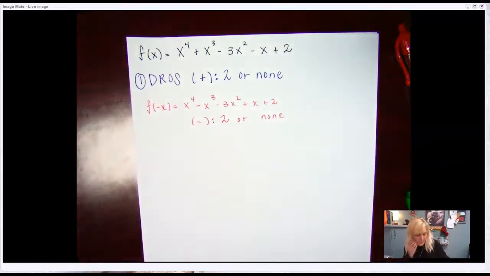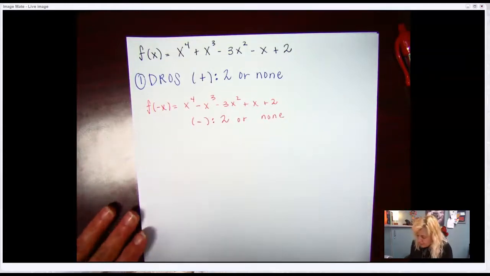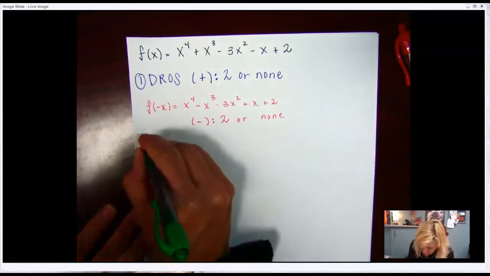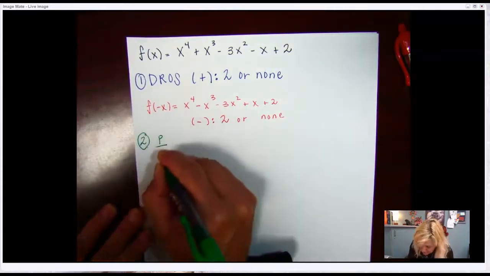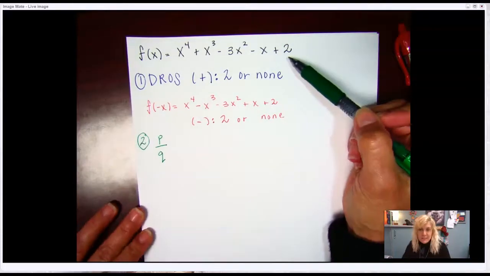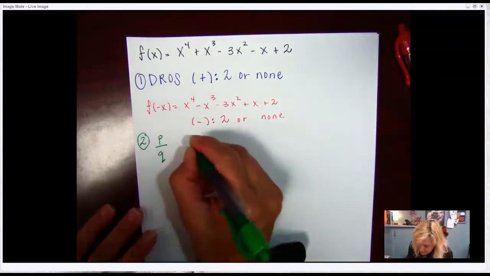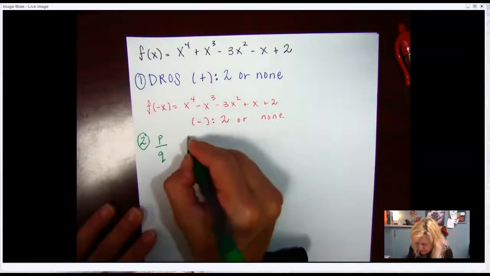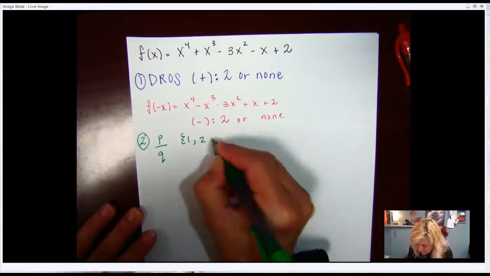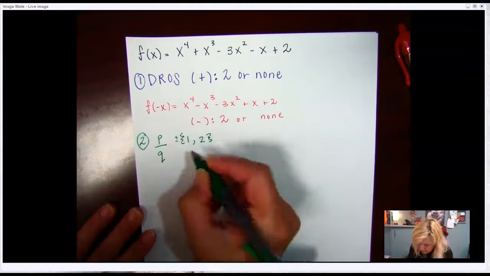So now that I kind of know what's going on with the nature of the roots, let's find all possible roots. And remember, that's going to be p over q. P is the constant, Q is the leading coefficient. So P is a 2, so the possible factors that make 2 are just 1 and 2, positive and negative.